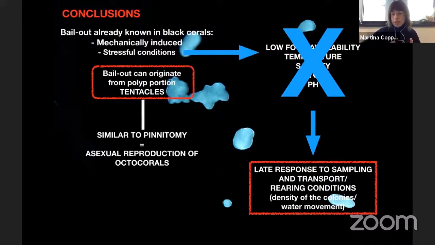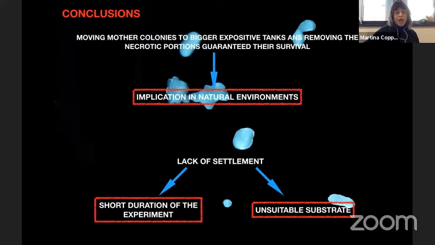Indeed, some species are more sensitive than others to the presence of the aquarium. After the 45 days of observation, we moved the mother colony to a big exposition tank after removing the necrotic portion of the colonies.